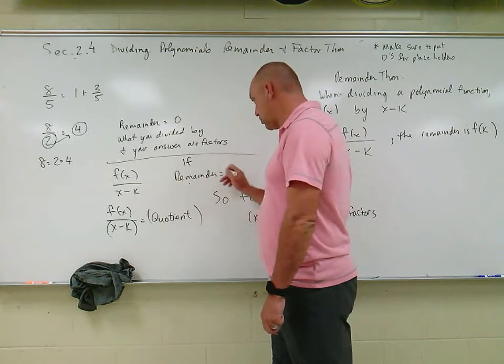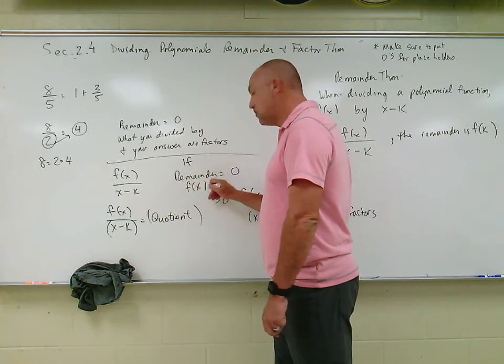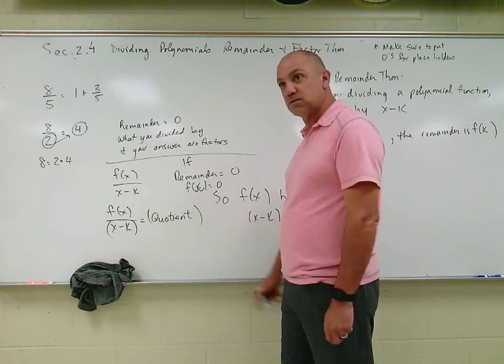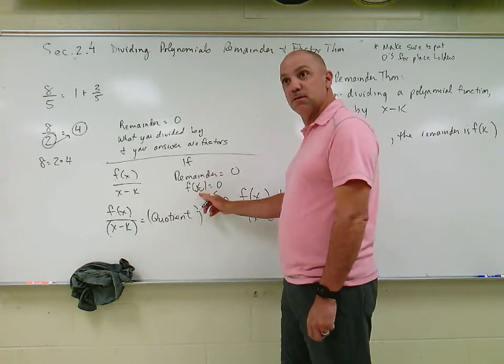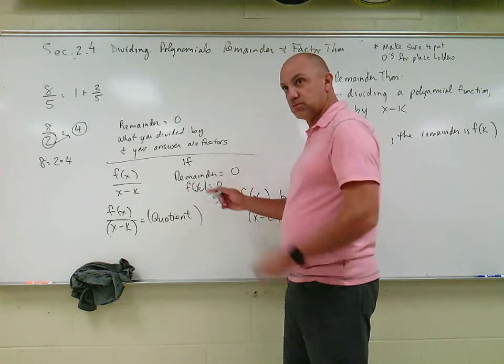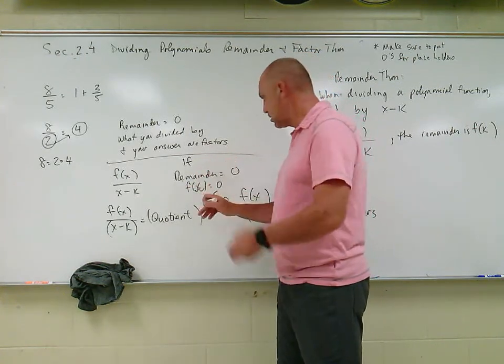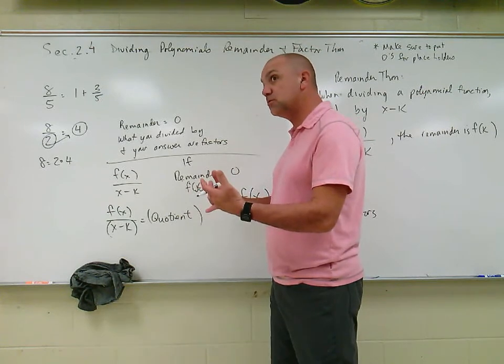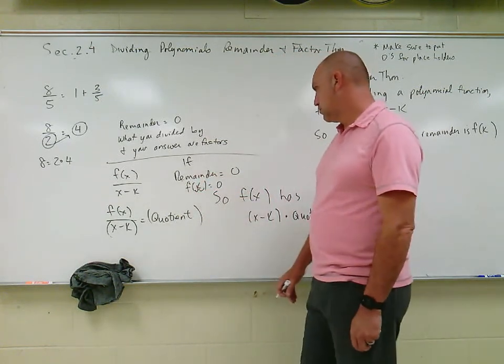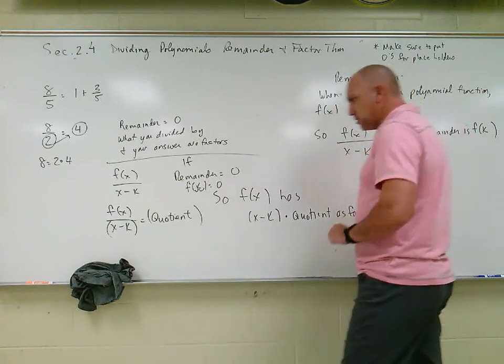So, if the remainder is 0, we know that f of k equals 0. Thus, k is an x-intercept, because f of k is 0. That's what an x-intercept means. Or it's a solution, if you look at it that way. So there you go. Now let's put this into practice.